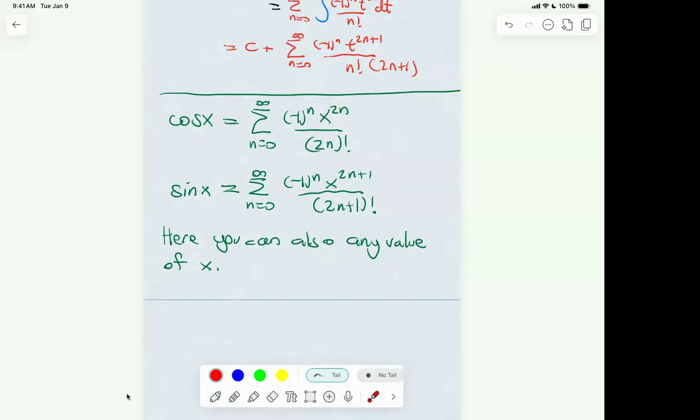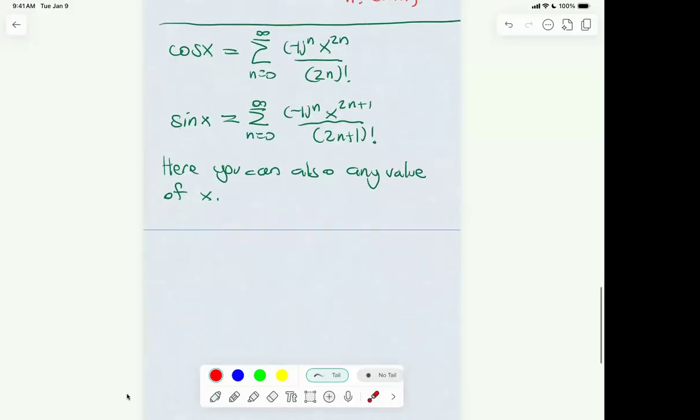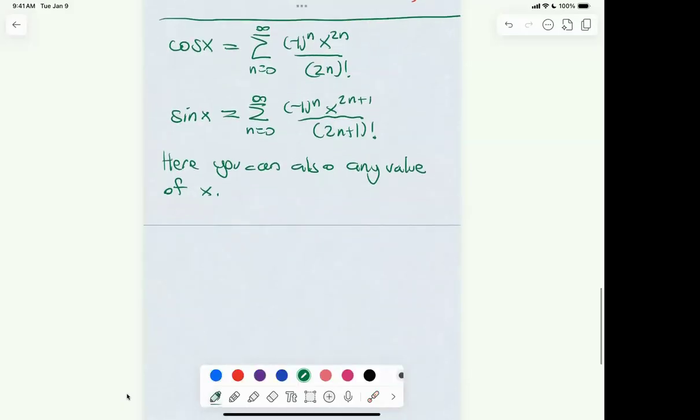Actually, let's do it with the derivative. If you take the derivative of sine, that should be cosine, right? According to this formula, what would be the derivative of sine? It would be the derivative of this thing that I just wrote.